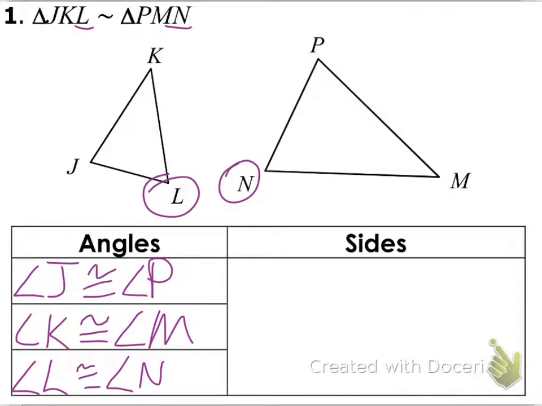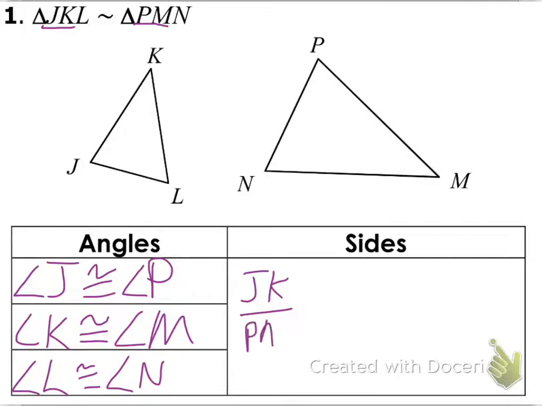So, let me erase my little markings that I have up here. So, notice in our first triangle, J and K come first, so therefore it's got to line up with PM. So we would write that as follows. Sides JK is going to be proportional to PM, so equals.